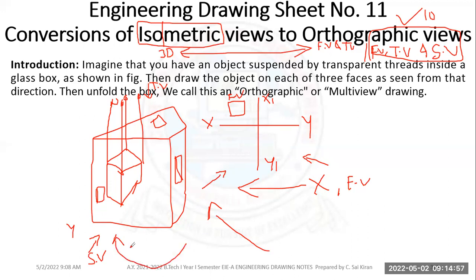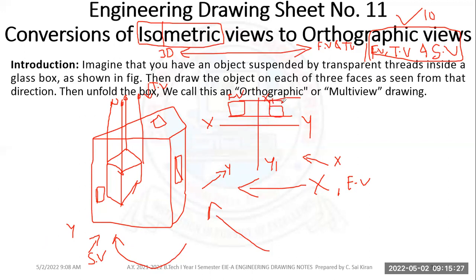We are looking at the Y or side view from the right side, so it will be projected on the right side of the X1 Y1 line, while the front view is on the left side of the X1 Y1 line, and these two are in the same horizontal line.